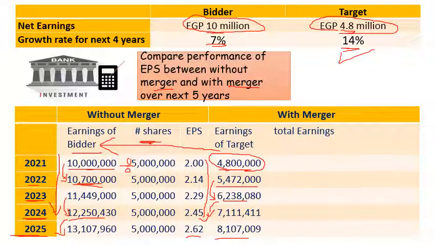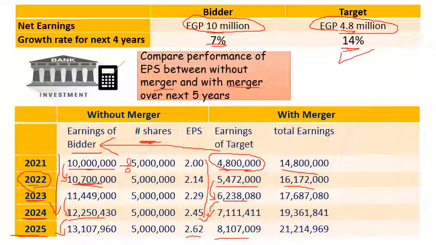So total earnings for the overall company, the two companies after merger, will be combined. So we will add earnings of the bidder to the earnings of the target to be 14.8 million Egyptian pounds, and at the end of year 2022 we will add 10.7 plus 5.4 to be 16.1 million Egyptian pounds, and so on till year 2025.